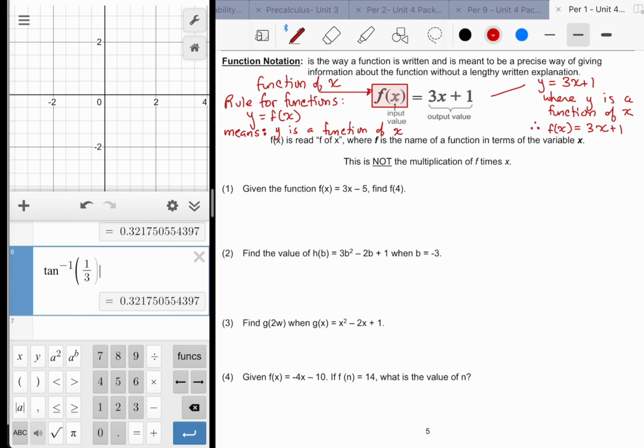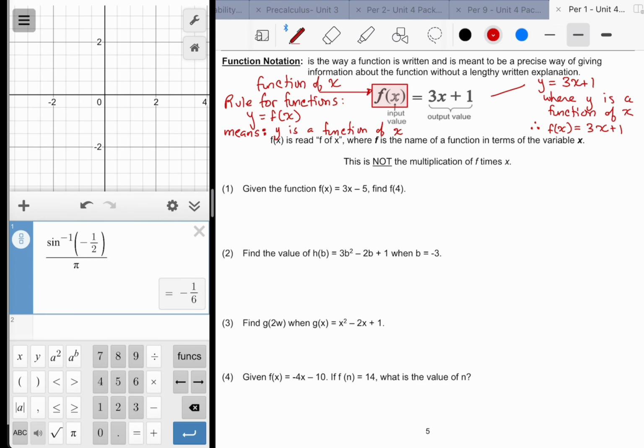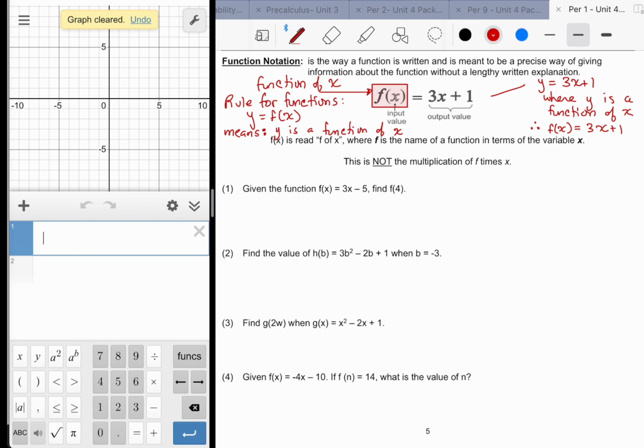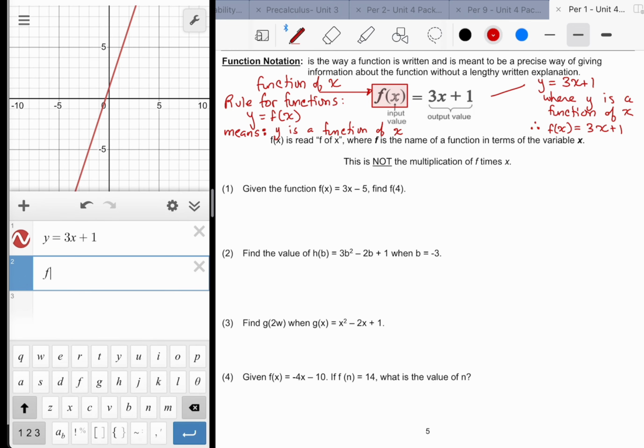All right. So for most people, that just means that all you'd have to do is type in y equals 3x plus 1, if you wanted to create a graph. Let me get rid of all this stuff in one shot here. New blank graph. So I could type in y equals 3x plus 1. Linear equation, right? I could also type in f of x.